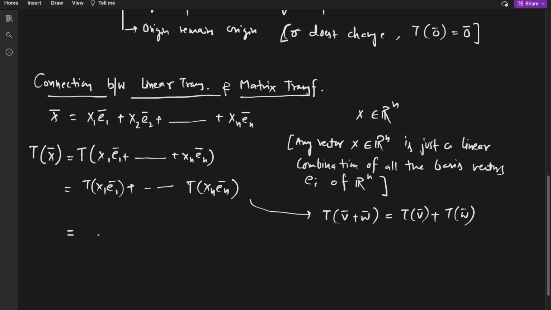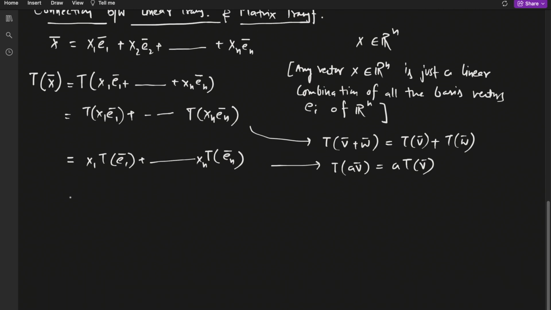Now I use the other property of linear transformation, the second property. I can take this scalar outside, and this becomes xn T(en). Which property am I using here? This property: T of a times v is nothing but a times T of v. These are the two properties I am using. Now, what are x1 to xn?